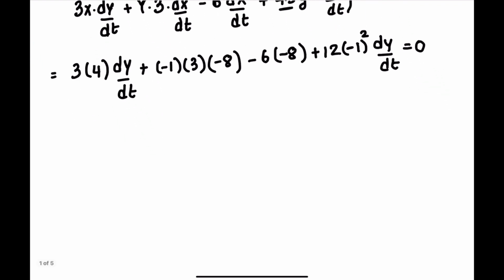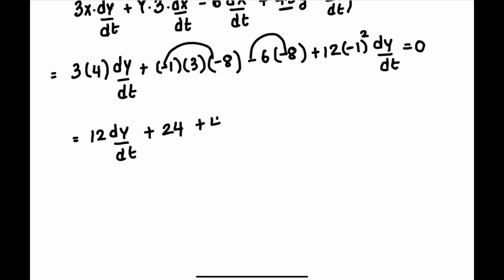Now let me go ahead and simplify this one. 3 times 4 is 12, dy by dt. Negative times negative is positive, so 24. Negative times negative is positive, so 48. Negative squared, positive, so 12 dy by dt is equal to 0.